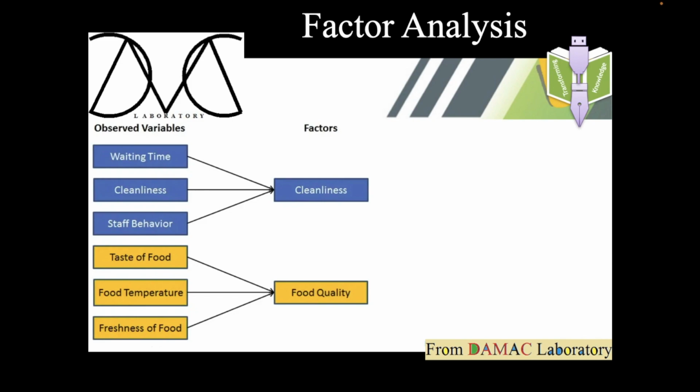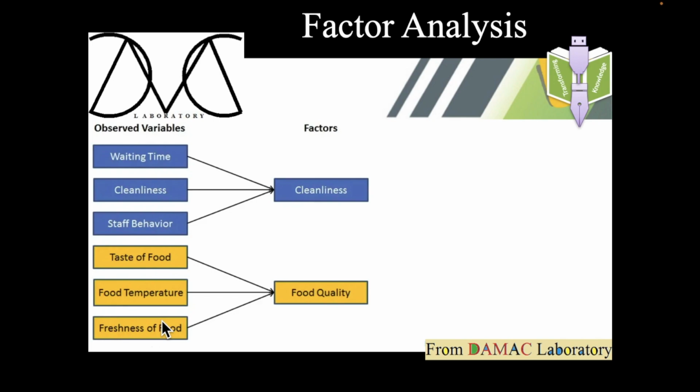For example, these are attributes of a restaurant, measurable variables where you can collect data, like waiting time, how much waiting time there is, the cleanliness of the restaurant, staff behavior, taste of the food, food temperature, and freshness of the food, like this.